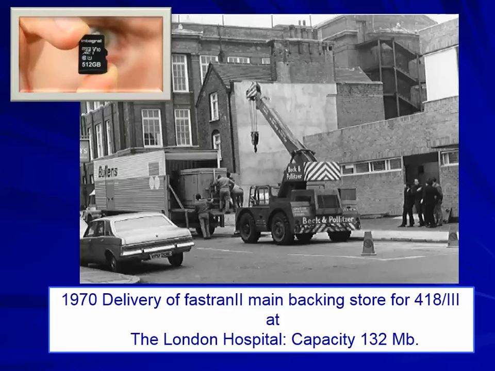Here in the photo is the delivery of the main bag storage, taken from a truck by crane, capacity 132 megabytes. It's like something under a microscope now. And in contrast, even an outdated micro SD card has a capacity of 500 gigabytes. Outdated because now terabytes are available on the market without any problem.